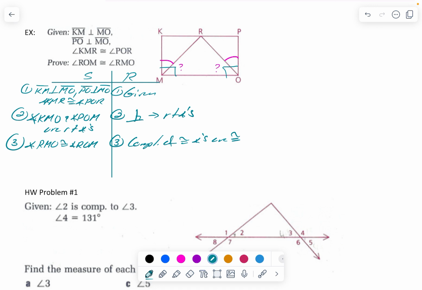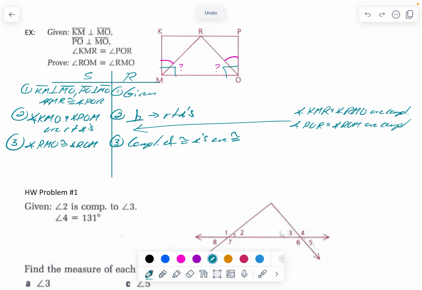If you want to include a step 2.5 in there, you could say angle KMR and angle RMO are complementary. And then you could say angle POR and angle ROM are complementary. It's not a bad thing, right?